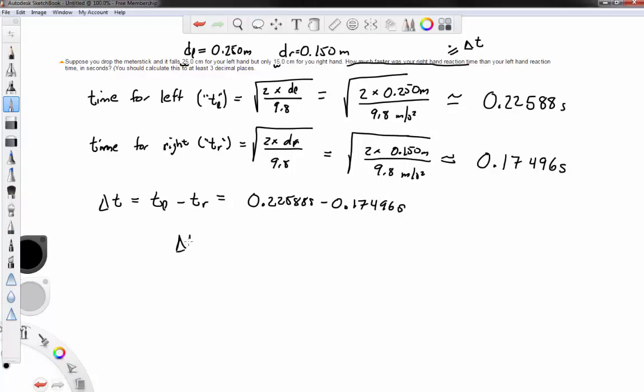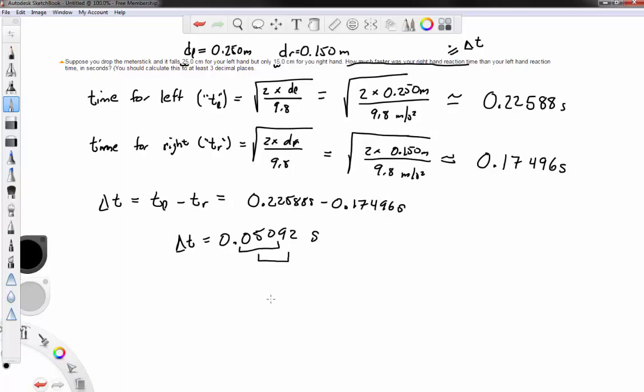So delta t is 0.05092 seconds. So out to 3 decimal places, it didn't say necessarily 3 significant figures. 3 decimal places would be to here. 3 significant figures would be to here.